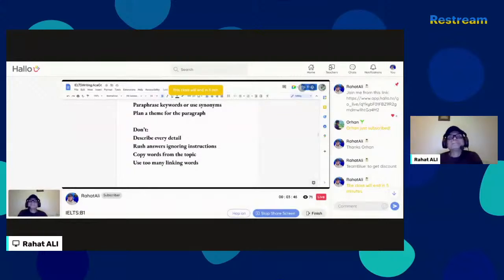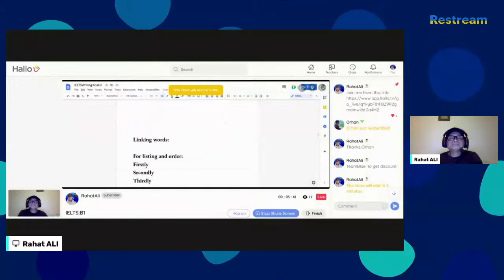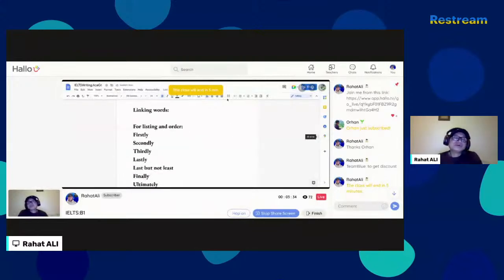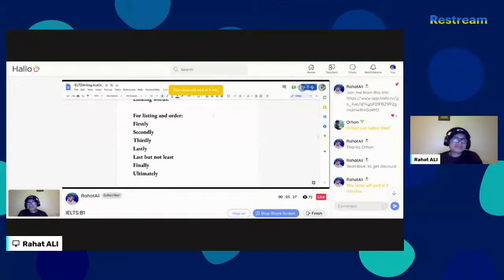So these are the examples of some linking words. For listing and order, we always start like this. Firstly, secondly, thirdly, whatever, fourthly, fifthly, lastly, last but not least, finally, ultimately.